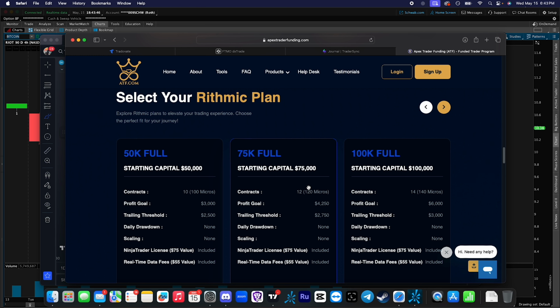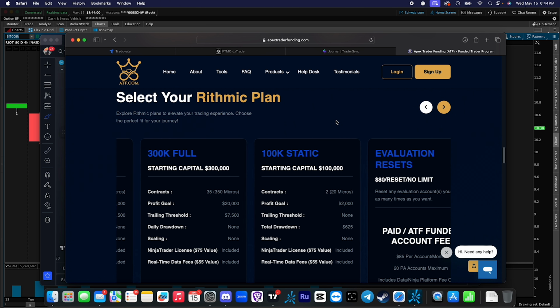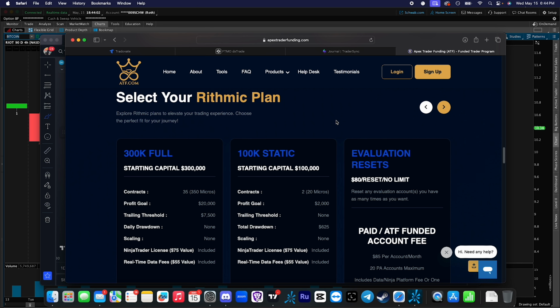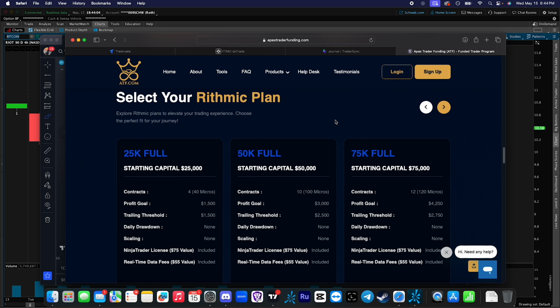So the first month, let's say if you get a 100K account, it'll be like $22 and change. And then the following month, it'll go back to being like $30 to $60 a month until you pass the account. So the first month is 90% off, and then it's 80% after that.